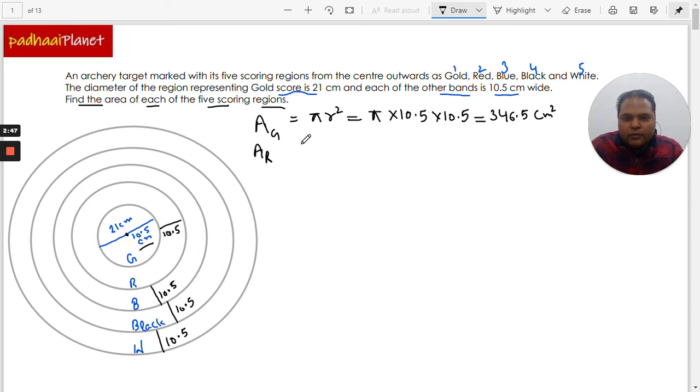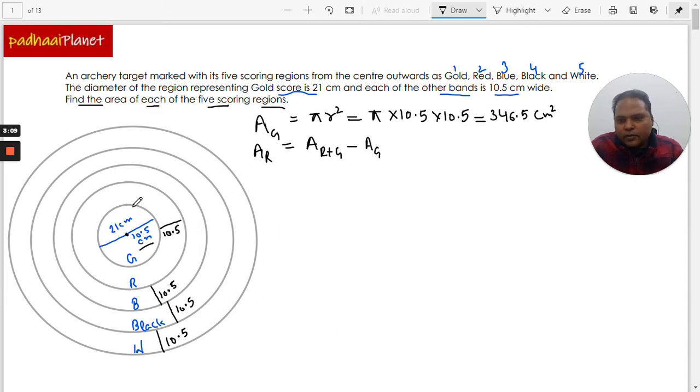The area of the red region is equal to the area of red and gold, that is the area of the entire red circle, minus the area of gold.